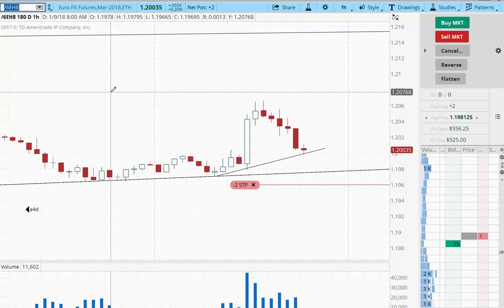Then the next thing is you're using the course methods, and you're also using our timing technique. And with that, you're able to accomplish the concept of not going home with a losing trade.